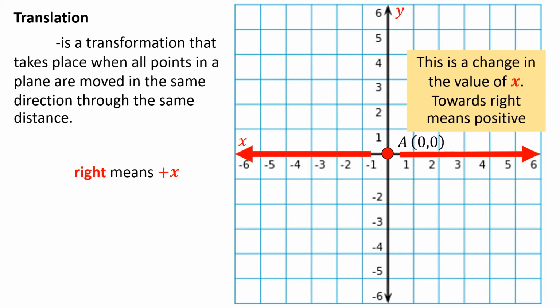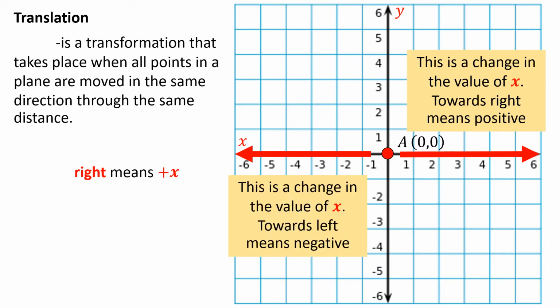And on the opposite side, if we are going to translate this point towards left, this is also a change in the value of x because we are changing on the x-axis. And towards left means negative. Therefore, we are going to subtract from the value of x.